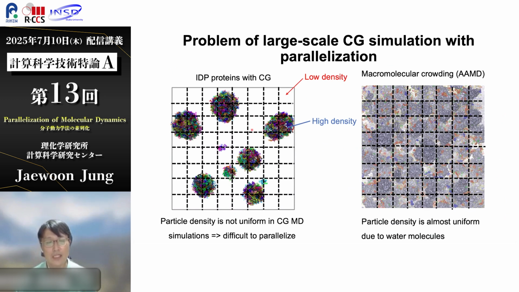But in coarse-grained level MD simulation, if we do not consider solvent molecules, some parts have a very high density, but in some parts there is no density. And in this non-uniform distribution, you need to consider load balance very carefully.